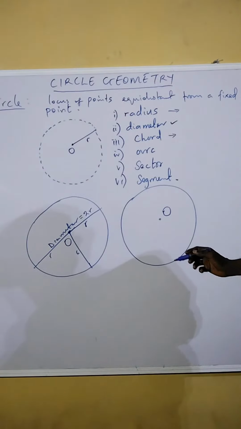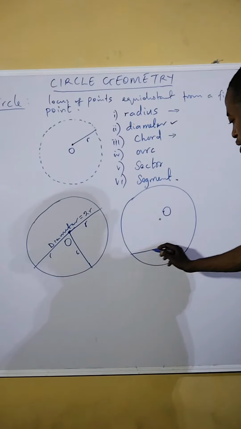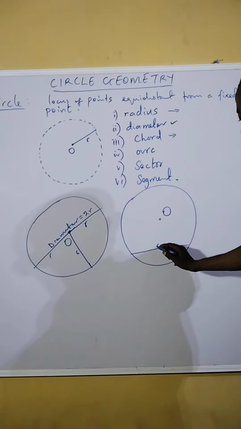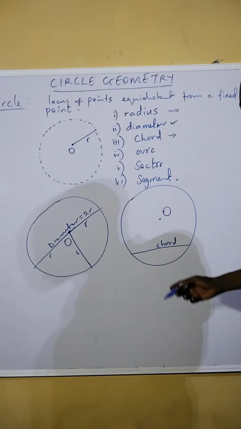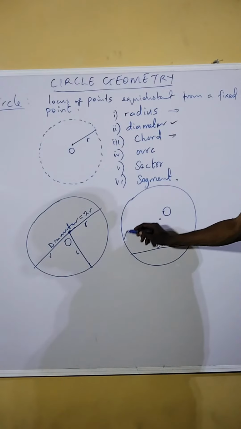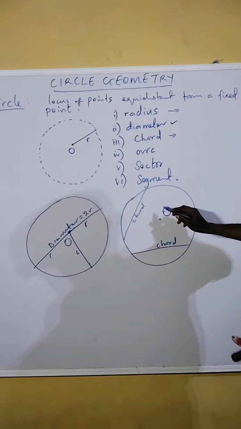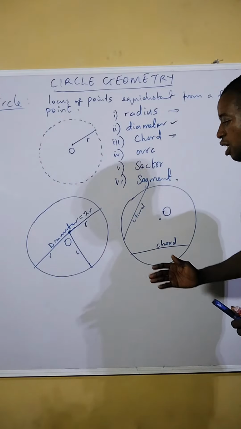For instance, we can draw it anyhow we like. We can draw it this way. So this line touching on this side, touching on this side, this line is referred to as a chord. It might be at any part. You might draw it this way. It's still a chord. So once it touches the circumference at both sides, it's a chord.